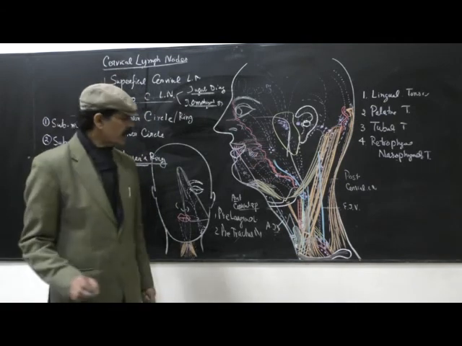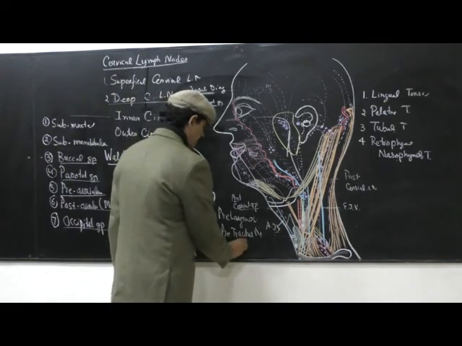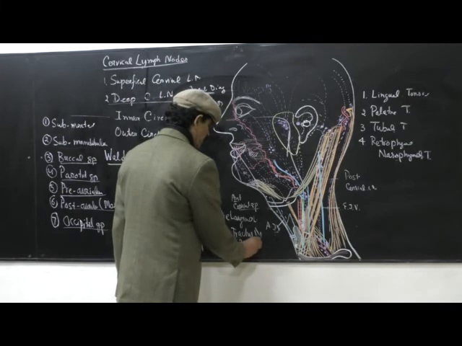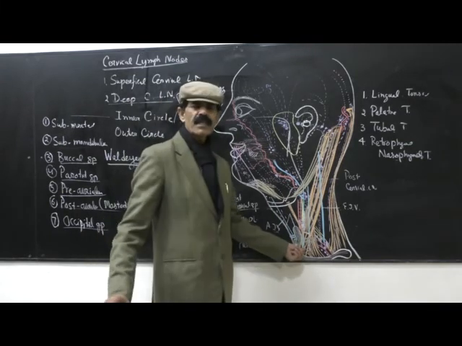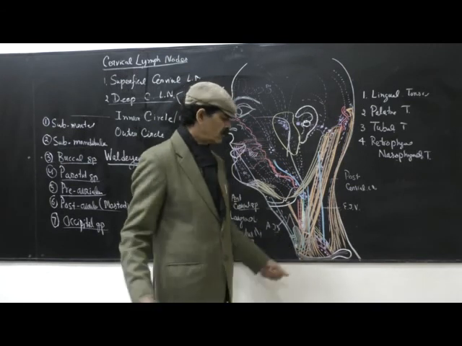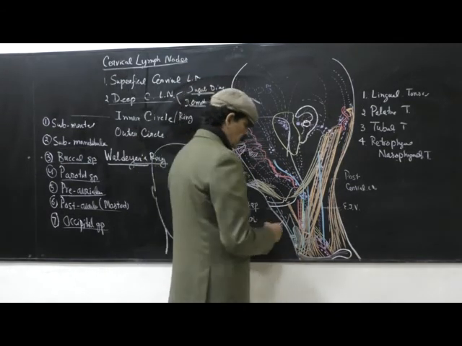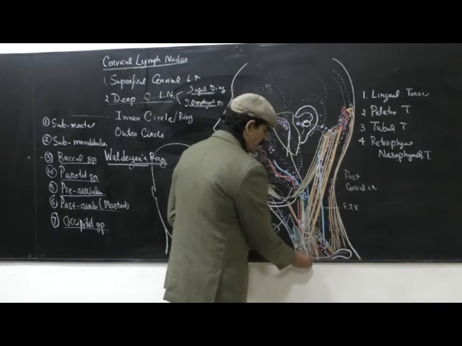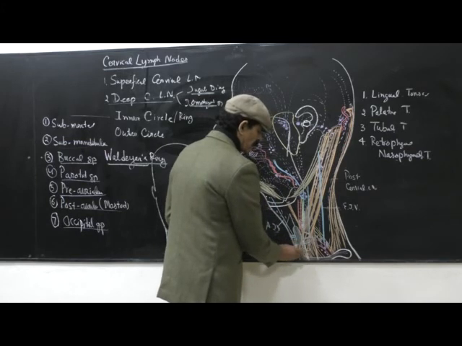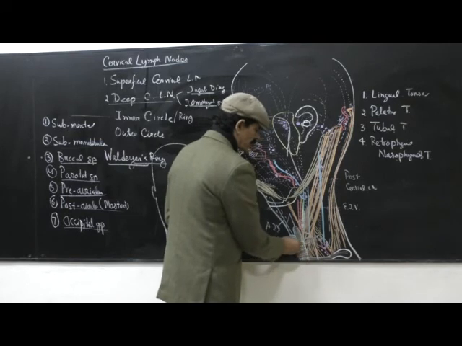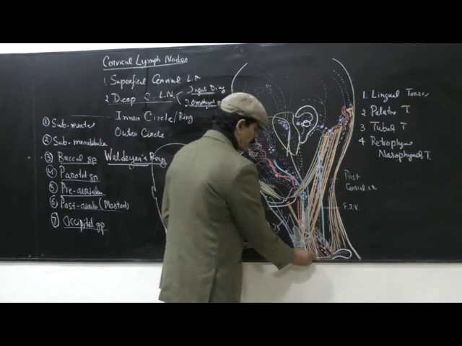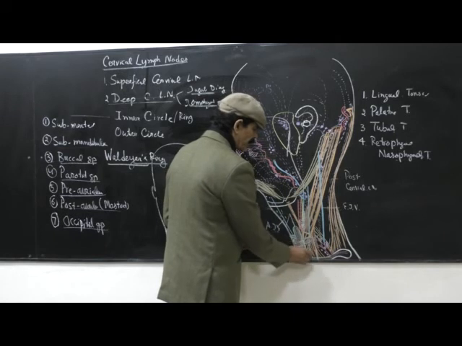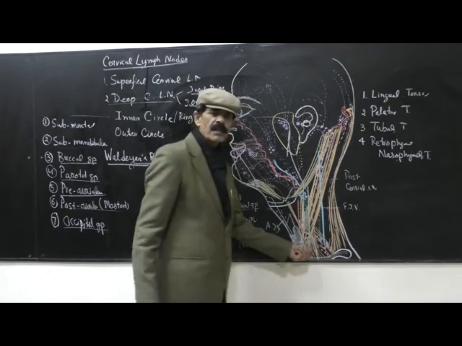While the paratracheal, as the name suggests, paratracheal lymph nodes are present in the tracheo-esophageal group. As we know, the esophagus is a 25 centimeter long tube. In front of it lies the trachea, the windpipe, a C-shaped cartilaginous non-collapsible tube. In between the esophagus posteriorly and the trachea anteriorly there is a groove which is called the tracheo-esophageal groove.